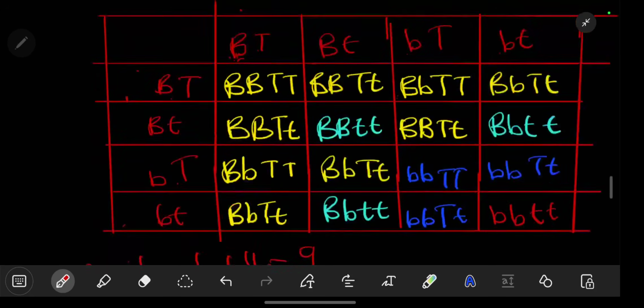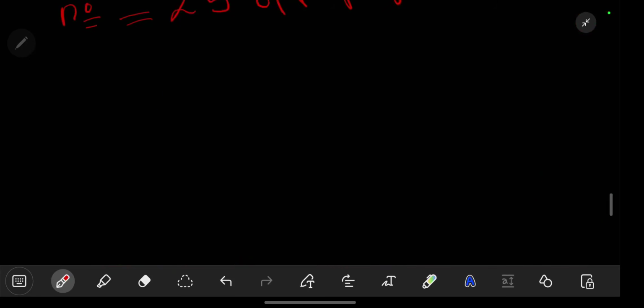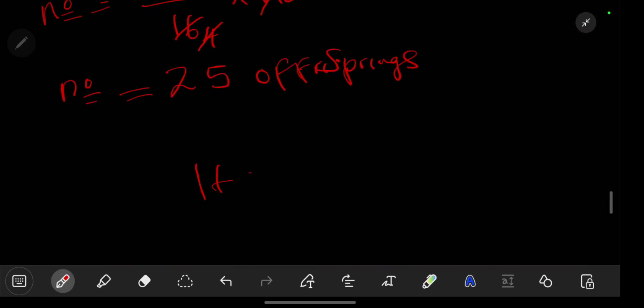The next question is saying that in Mendel's pea plant crosses, some pea plants were self-pollinated. Is self-pollination considered asexual or sexual? Explain. So the answer here is very simple. It is sexual. Why?